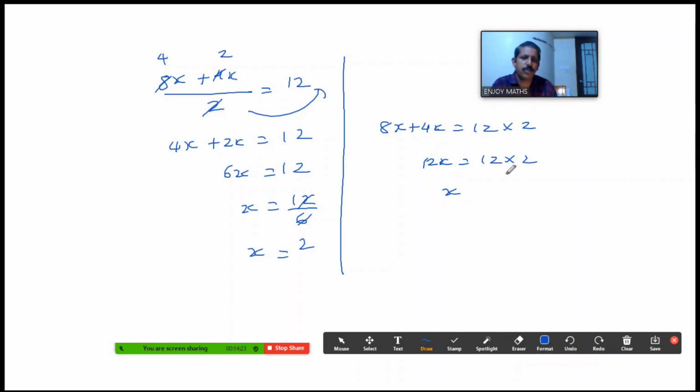Now this 12 goes down here as division 12. So I need not multiply here, 12 into 2, 24, no need. So just simply like that, because both are multiplication, I can cut. So the answer is 2. This way of cutting is good, otherwise you can multiply this way also. This is a nice example for cutting.